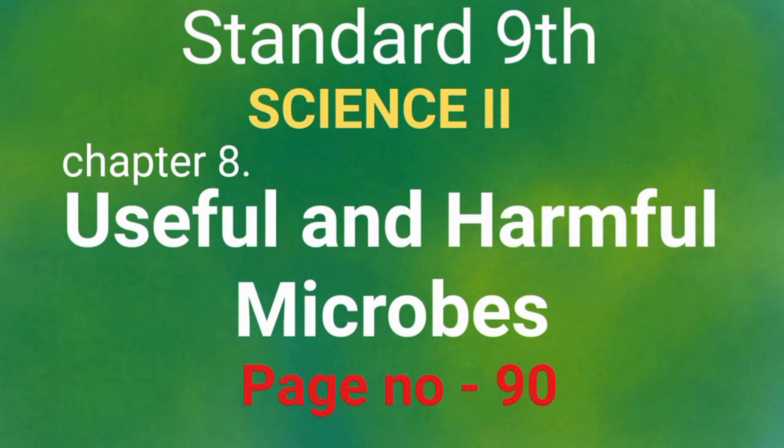Page number 90. After harvesting a leguminous crop, the leftover roots and other plant parts are deliberately dumped in farm soil to maintain its bacterial population. The use of Rhizobium has helped to reduce the use of chemical fertilizers and thereby their adverse effects.